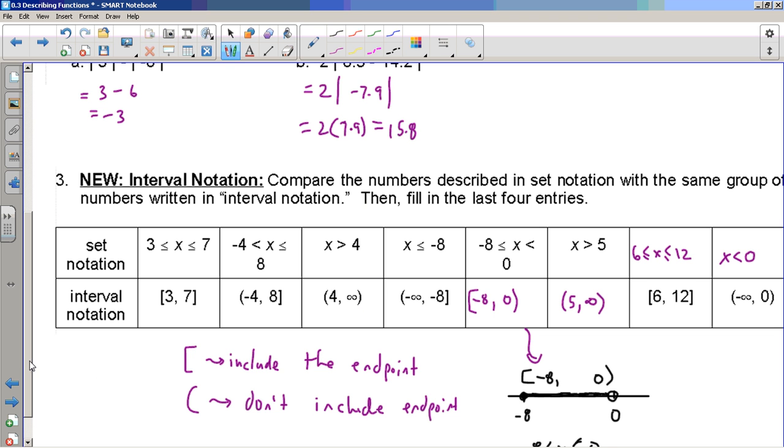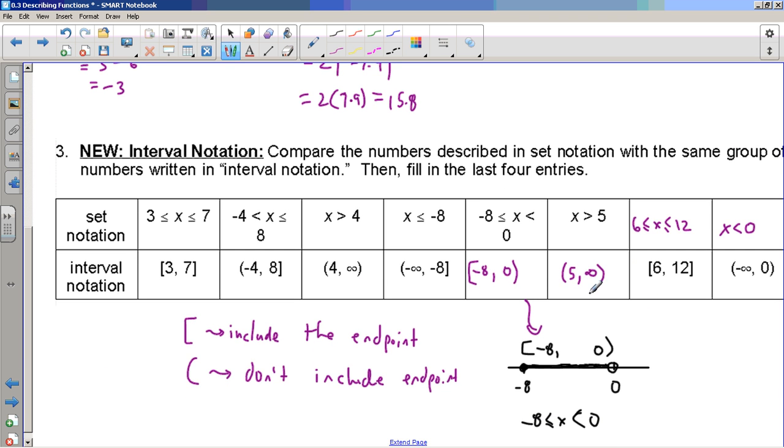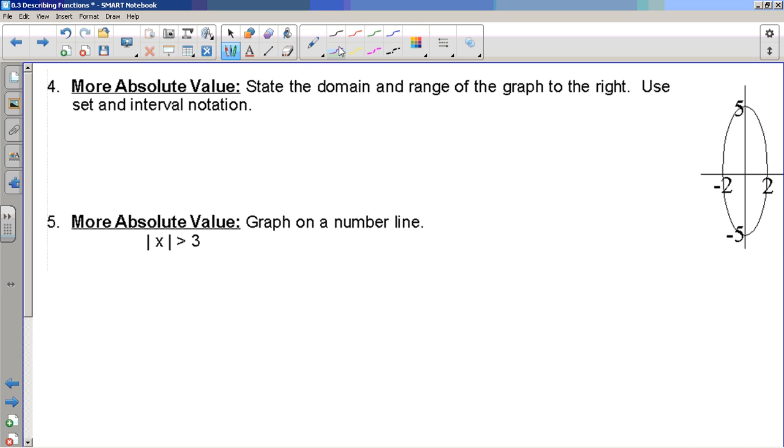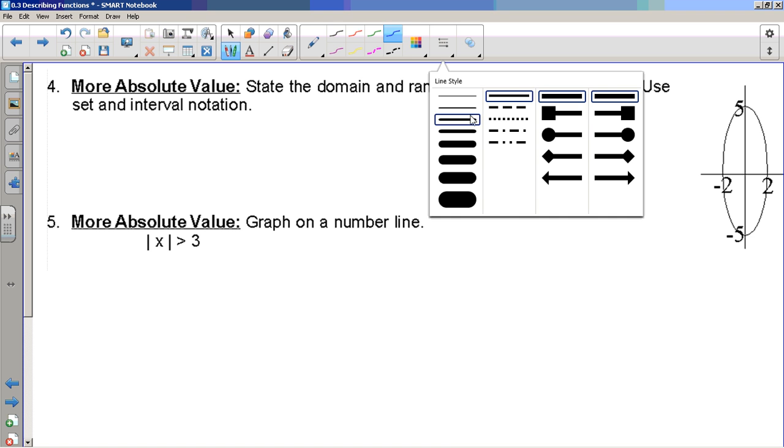And hopefully you got the rest of those answers the same as me. And again, if you're having trouble with interval notation, you can ask about that in class. It'll come up again and again and again, and it'll be just something that we get used to in class and using our textbook.